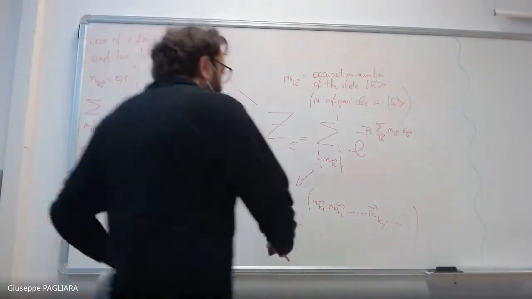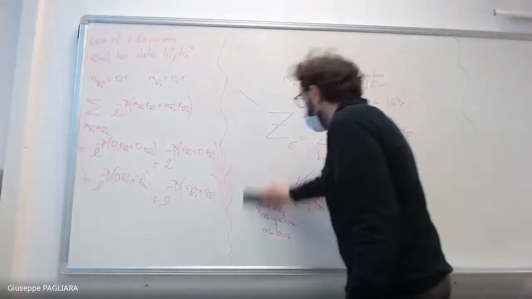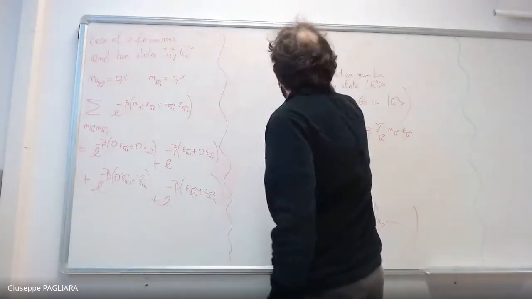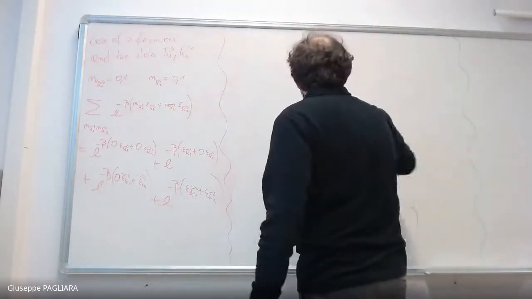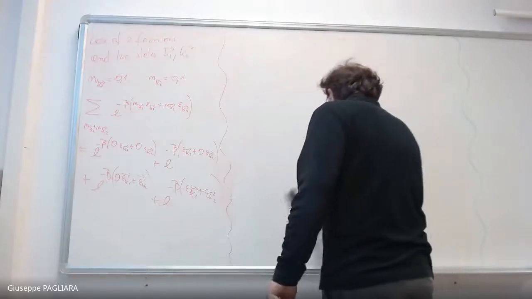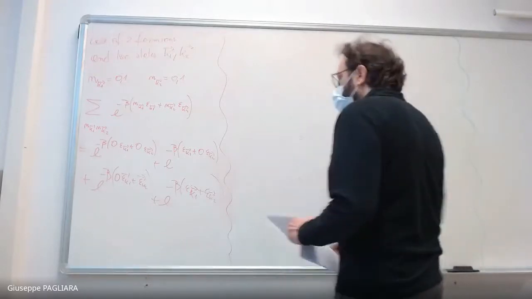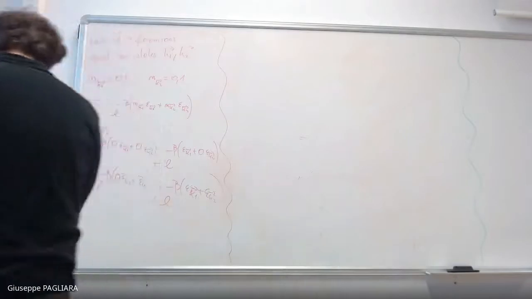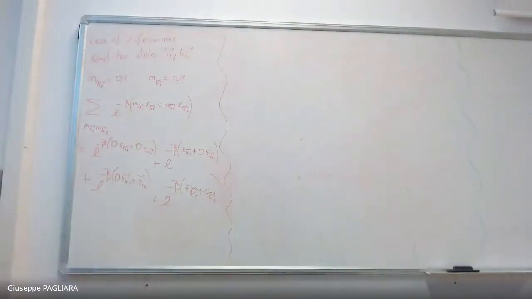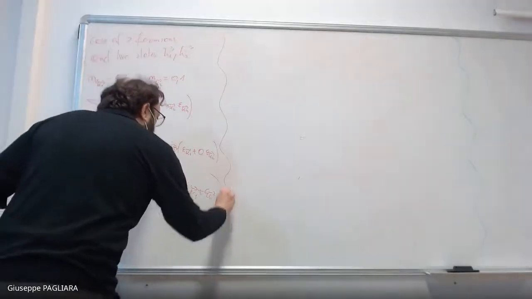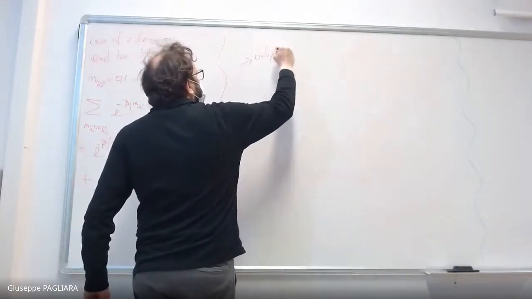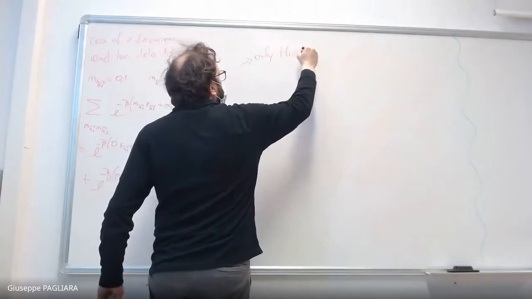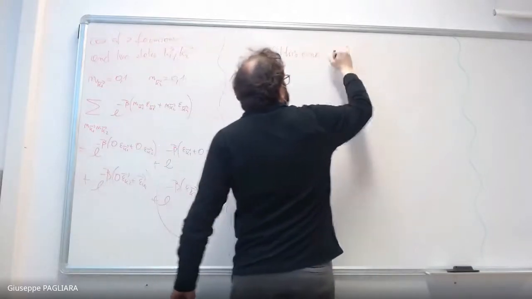Now those four terms are not all good for us, because they are not respecting the conservation of the number of particles. So if I consider the conservation of the number of particles, the only term that survives is the last one. Only this one preserves the number of particles.